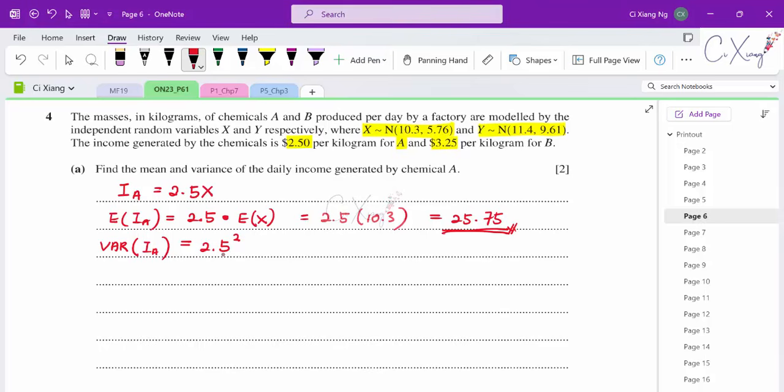Then you take 2.5 squared, multiplied with the variance of X, which you can get from the info here just now, 5.76. So if you didn't make any careless mistake, the variance should be 36.